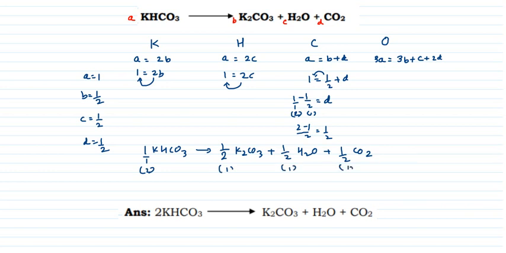So you don't have to worry about the product side, only this 2 you have to mention here. So what you got: 2KHCO3 gives you K2CO3 1, because 1 into 1, here also 1 into 1, 1 into 1 plus H2O plus CO2. So there you are, see our equation.